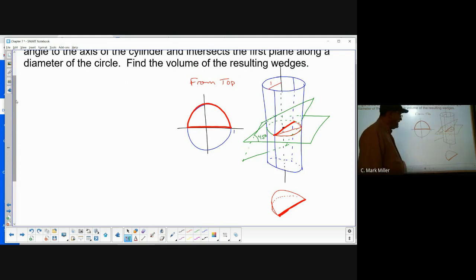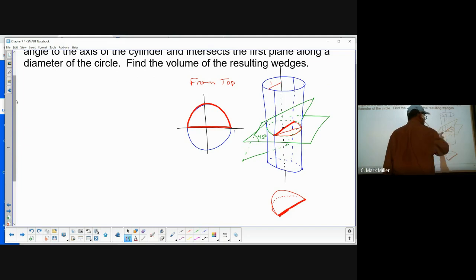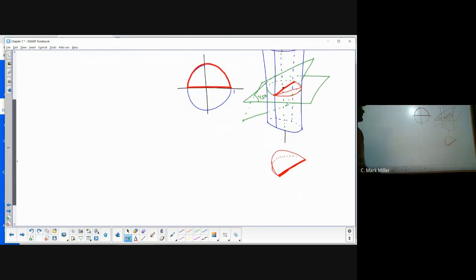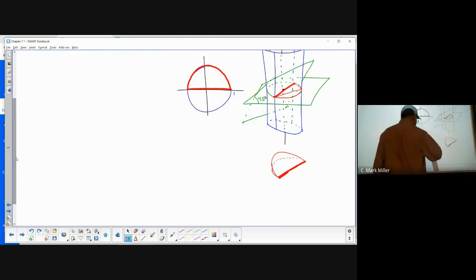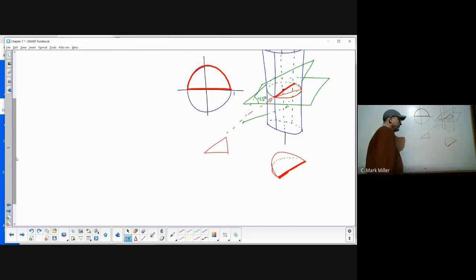And now there's a top surface. If you were to look at it from this way, you would see a triangle. So if you were to look from this angle here, you would see a triangle. Cross sections here, this is very important.